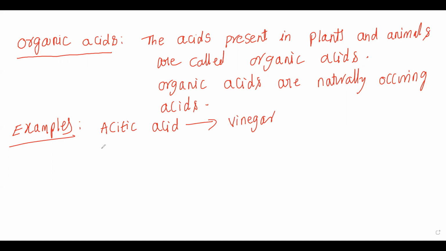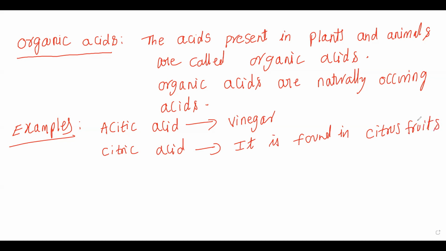Where do we find citric acid? Citric acid is found in citrus fruits. Can you name some citrus fruits? Orange. Oranges and lemons are citrus fruits.